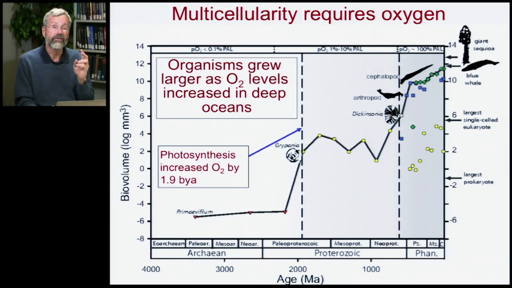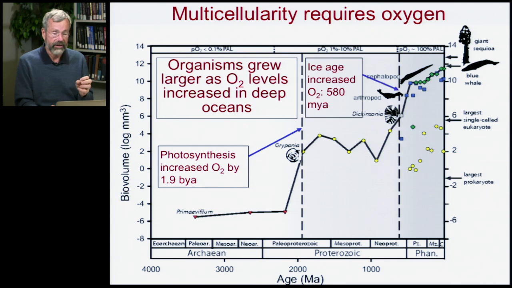Once there was enough oxygen, it would destroy naked DNA and unprotected proteins. So with the origins of photosynthesis, with the cyanobacteria, we have quite a remarkable increase in oxygen globally by about 2 billion years ago. What's only recently been recognized, however, is that there was another big increase in oxygen levels about 600 million years ago.